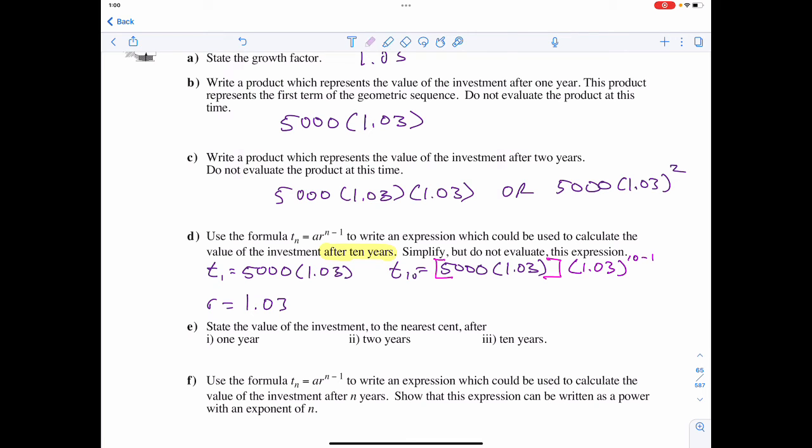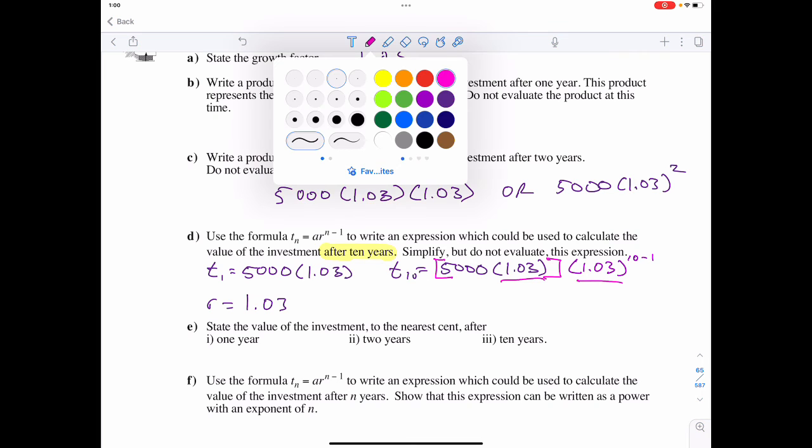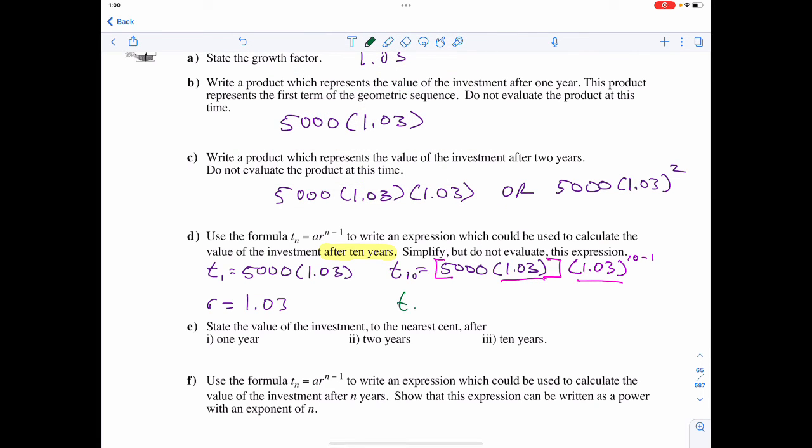When I combine the 1.03 and 1.03 to the 10 minus 1, term 10 is just going to be 5,000 times 1.03 to the power of 10, where remember, 10 is the number of changes that have taken place. It's not the term value, even though we've readjusted where we consider the term value to be.